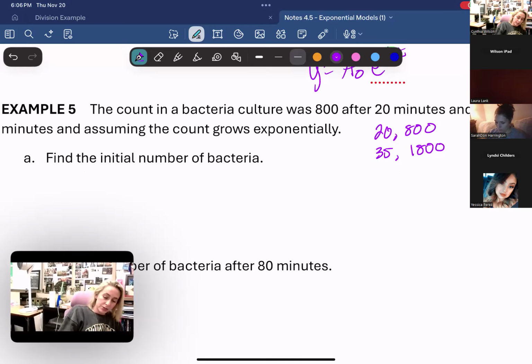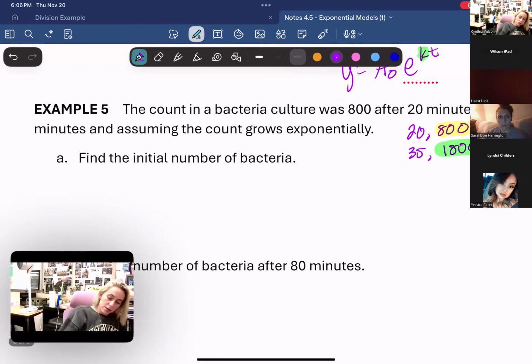We're going to use this 1800 as the ending value and this 800 as the starting value. Just for this example, pretend I know a0: our starting bacteria is 800, e, we don't know k, and our ending value was this 1800.